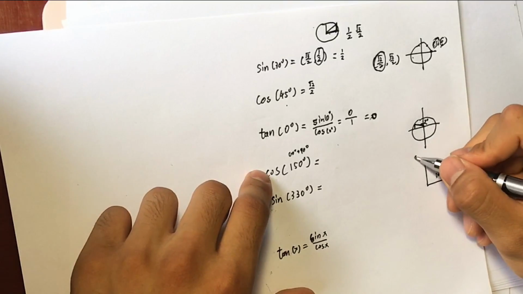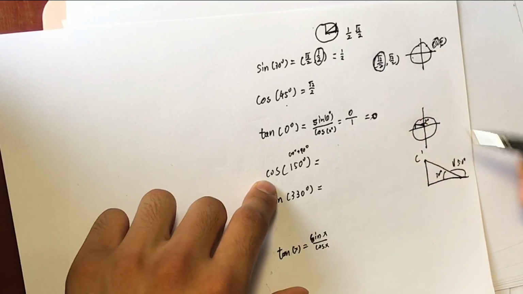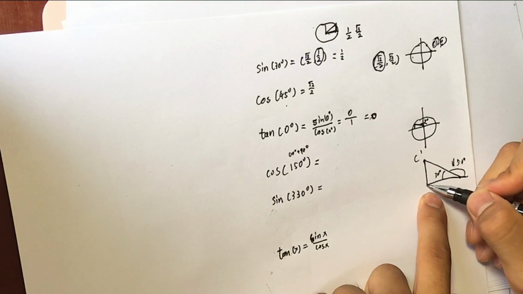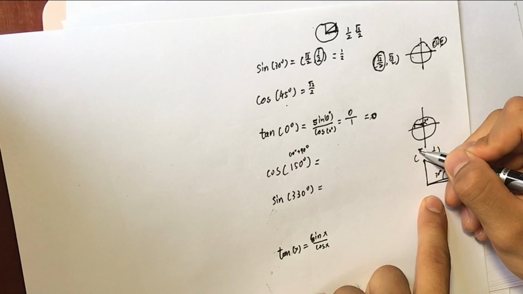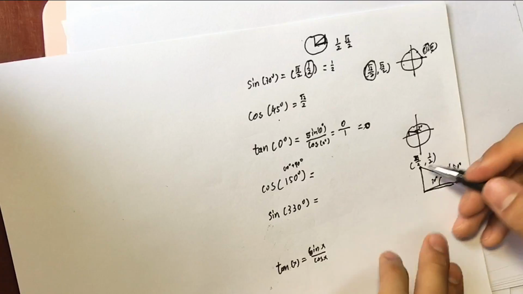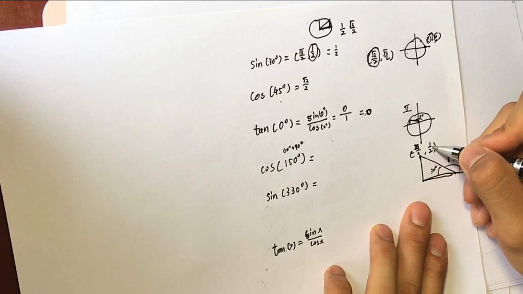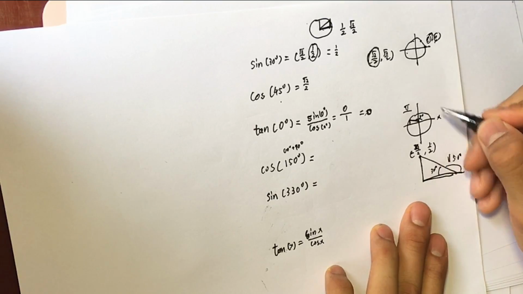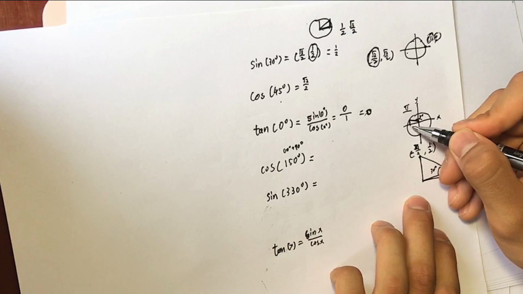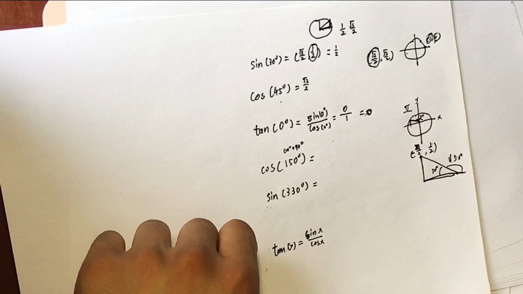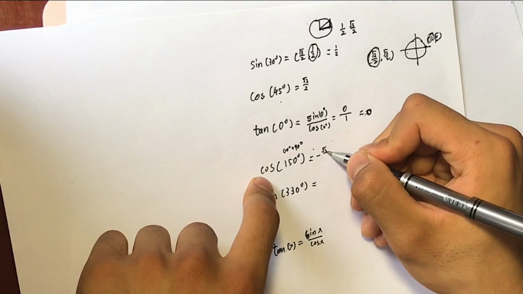So the coordinate would be, one is 1/2 and one is root 3 over 2. The vertical distance is shorter, so it's 1/2, which is your y value, and the horizontal distance is longer, root 3 over 2. But you have to be careful because this is in your second quadrant, which would be negative root 3 over 2 and 1/2, because it's on the left hand side of the y axis. So your x must take a negative value. So in this case, cosine is your first value, first number, negative root 3 over 2.